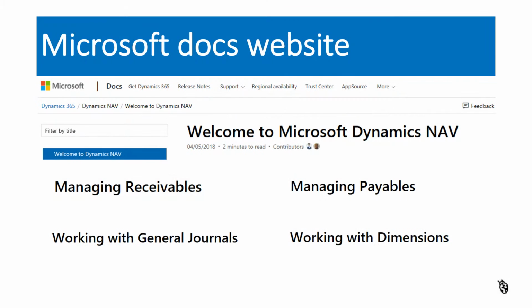They have a Microsoft Docs website where you can see step-by-step guides, or it also has sections on explaining concepts. So some of the things you can see, they have a section on managing receivables and managing payables. And then concepts, they have working with journals and working with dimensions.